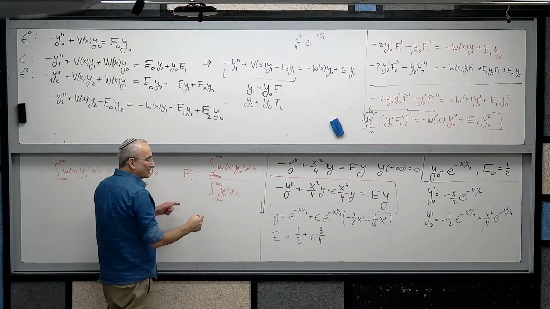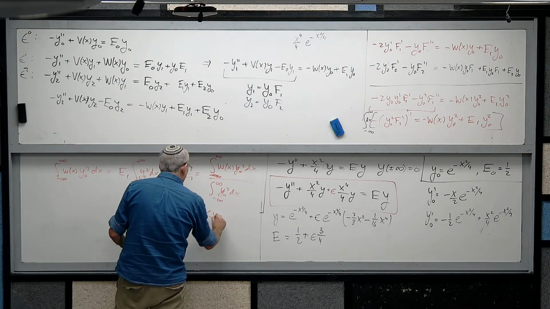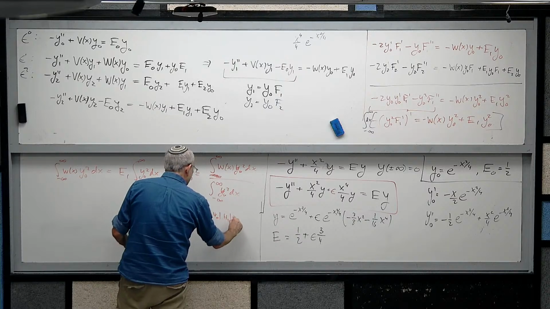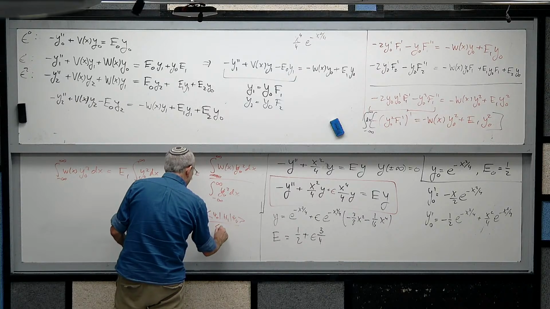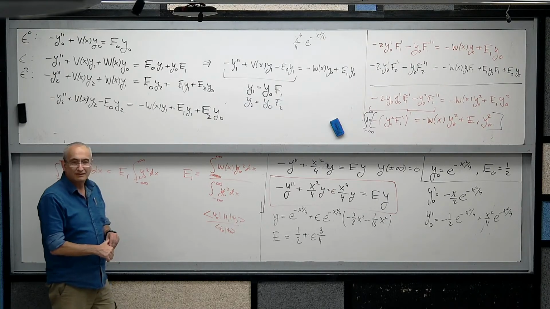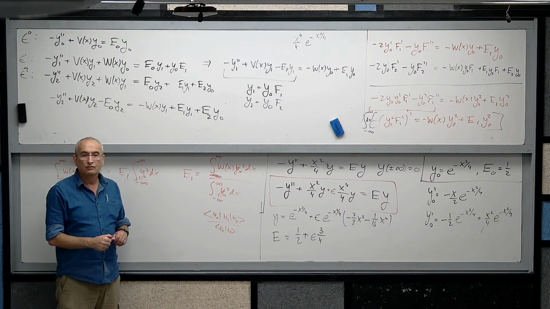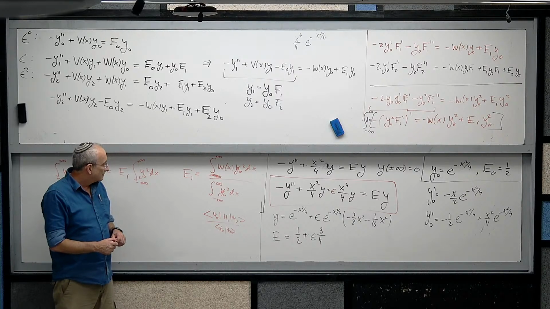Just to remind you, this is simply psi naught H1 psi naught divided by psi naught psi naught. But psi naught psi naught is 1, for normalization.